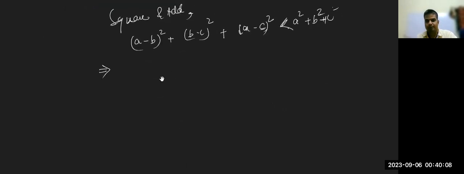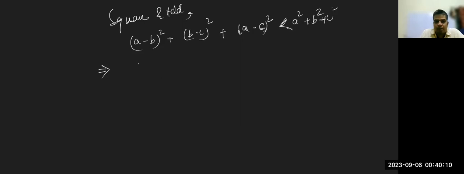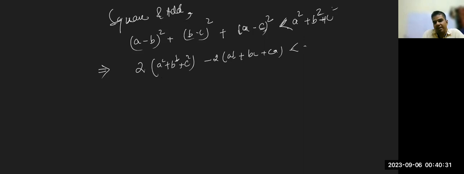We'll solve it by doing this. I think that will be 2 times (A square plus B square plus C square) minus 2AB, minus 2BC, minus 2CA. So if we take minus 2 common, that will be AB plus BC plus CA, and that will be less than A square plus B square plus C square.